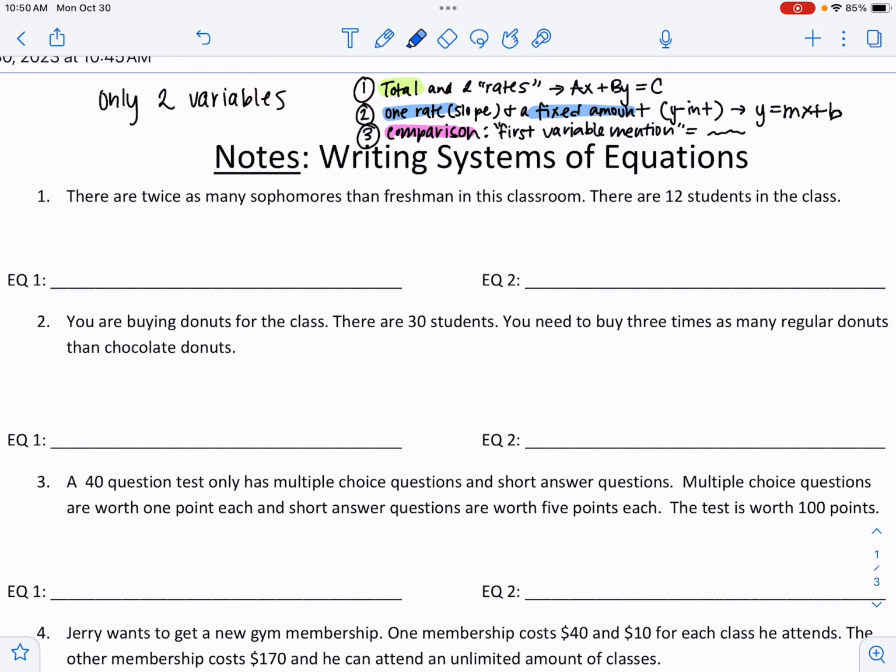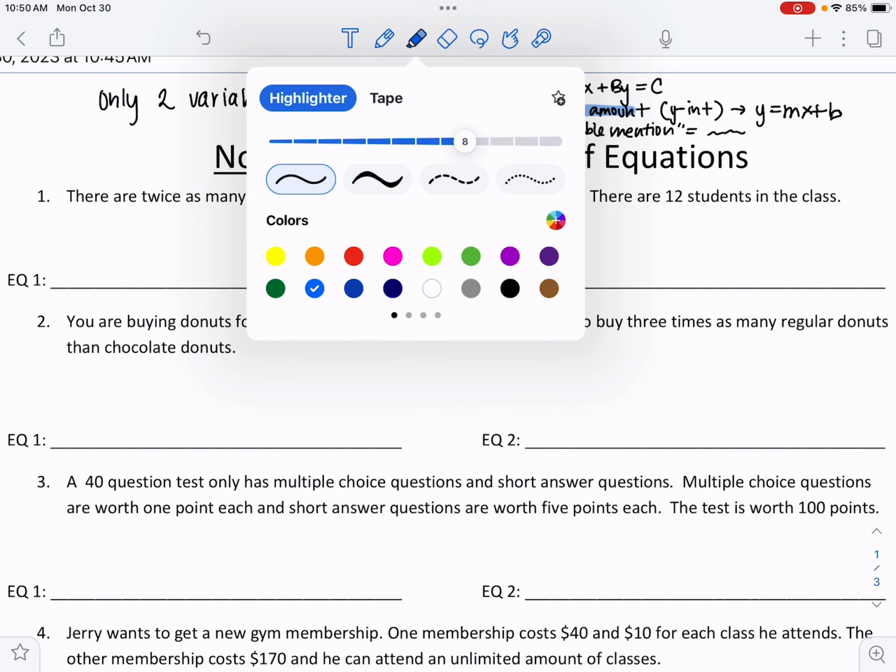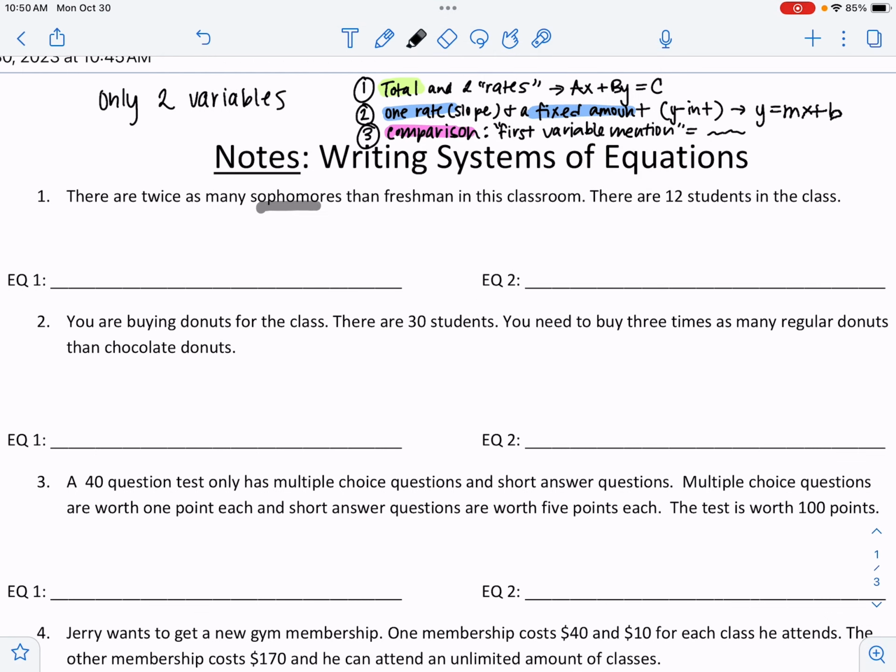And so this is where I want to identify what my variables are. We're talking about sophomores and we're talking about freshmen. If I'm picking my variables, you can pick S and F for sophomores and freshmen, or you can pick X and Y for sophomores and freshmen.